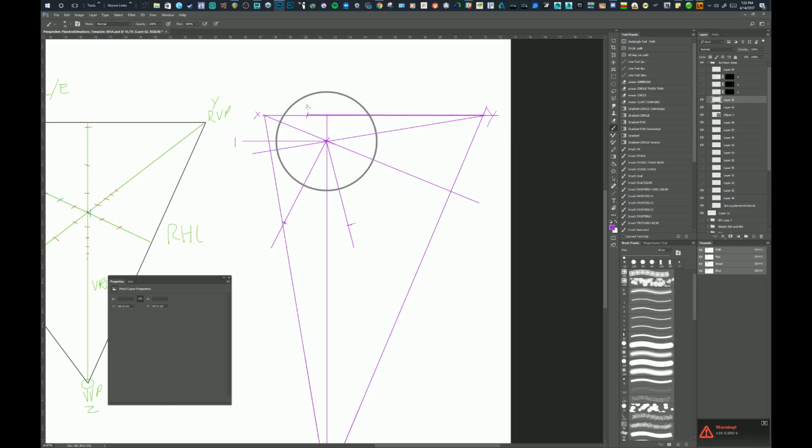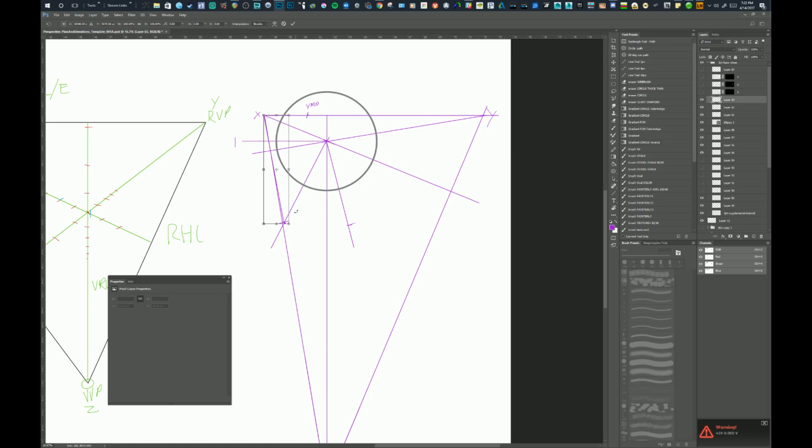So now we have our YMP. And then we'll take from X to the station point here, and we'll swing that up. And then this will be our XMP.